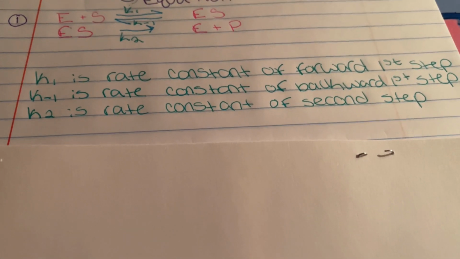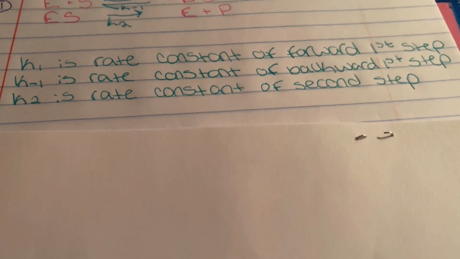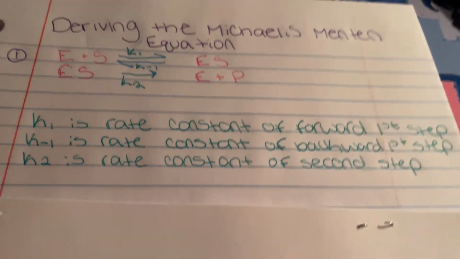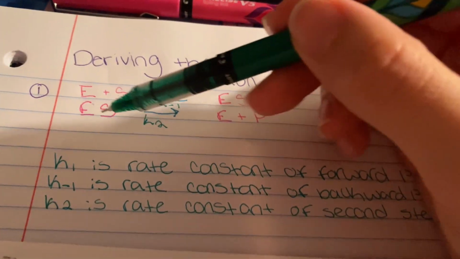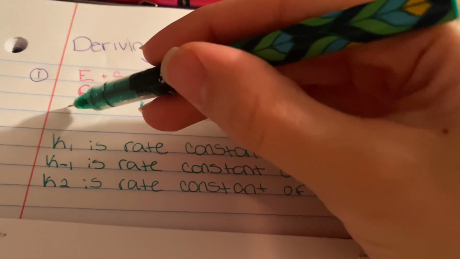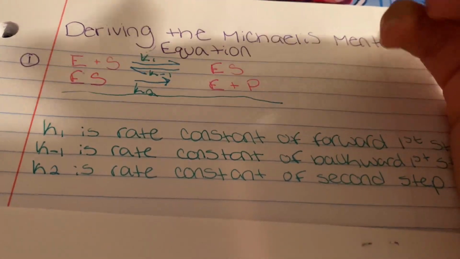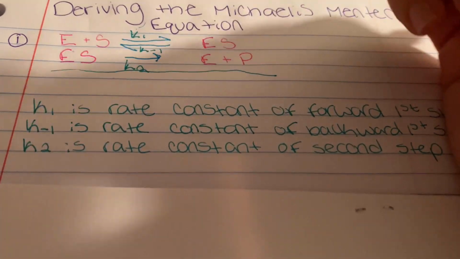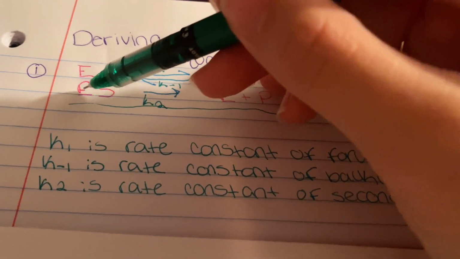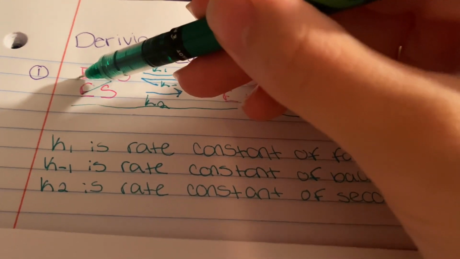All right. Now, to verify the mechanism is valid, we add reaction 1 and reaction 2. So if we add these two reactions together, let's go ahead and add a line here. Some things are going to be canceling out. ES is going to cancel out on either side, as well as the enzymes.